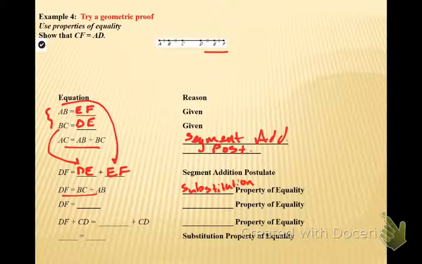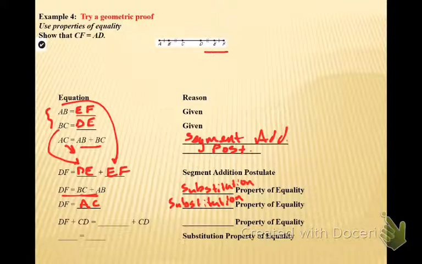What from here? Well, from up here, we see AB plus BC, AB plus BC, so I can take AC and substitute it in down there. I can just say that DF equals AC. And again, that reason is going to be by the substitution property.